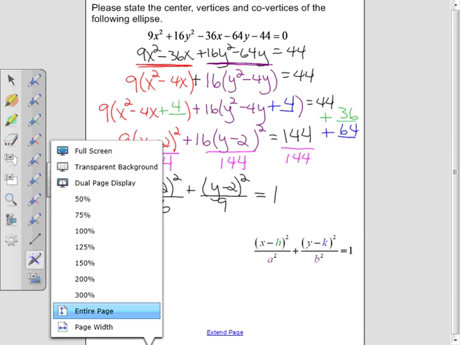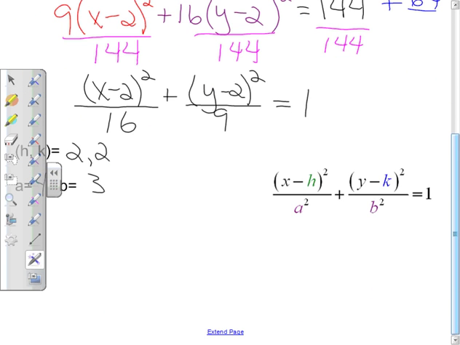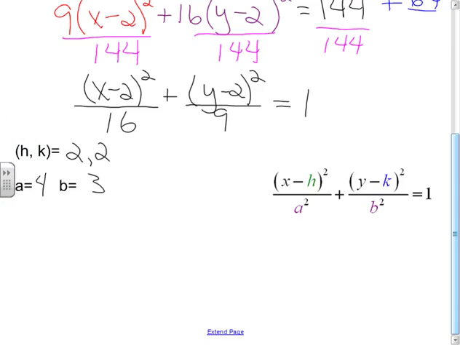So I see from there, extend the page here a little bit, that the general shape of the ellipse, it should be wider than it is tall. So the major axis is going to be the horizontal axis, and the minor axis is going to be the vertical axis. So the vertices will be associated with A, and the co-vertices will be associated with B.